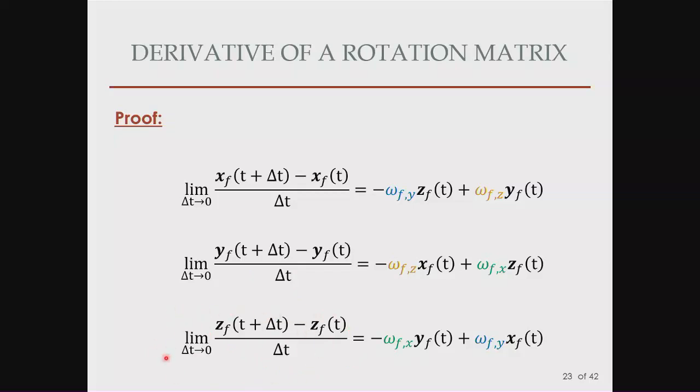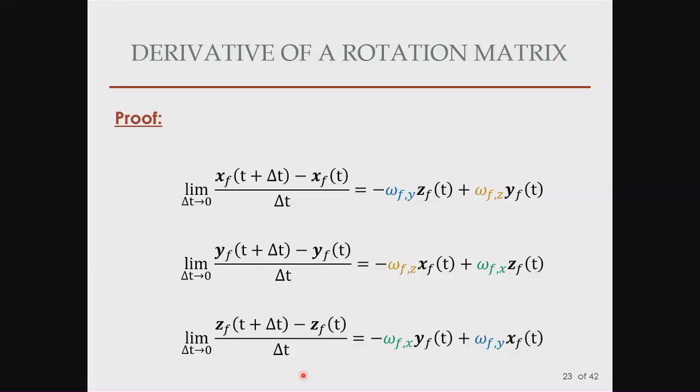Instead of this, what can I write using calculus? zf dot, the derivative of zf. So this is the change of the zf axis over time. For instance, if zf is pointing there, the next moment it goes there, like that. This is the derivative vector.